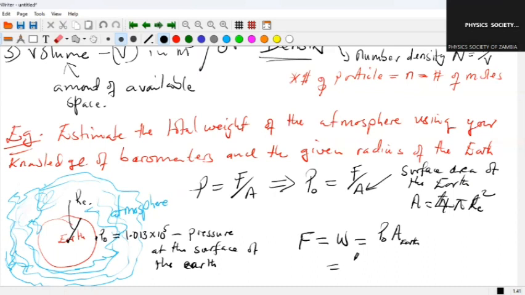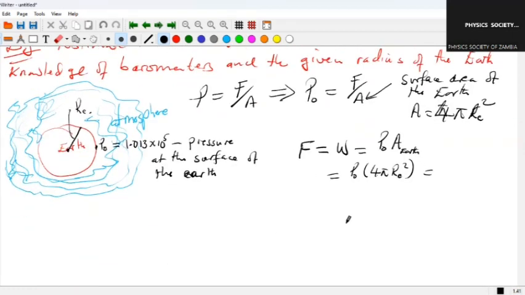This is equal to atmospheric pressure multiplied by 4 pi radius of the Earth squared. We can put the numbers there to determine the weight of the atmosphere.